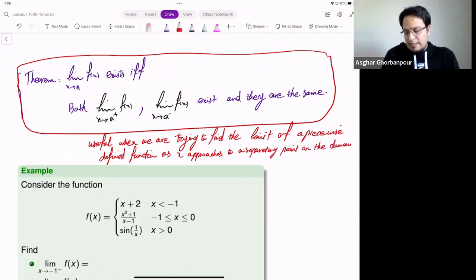By separating point, I mean the point at which the formula for the function changes.